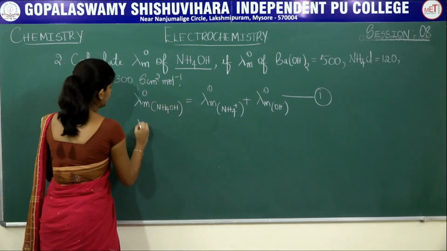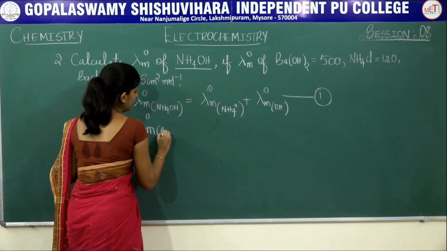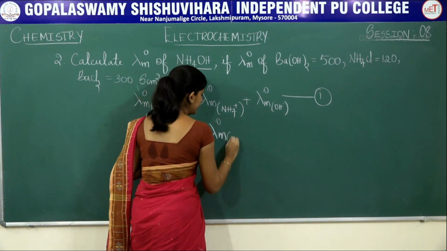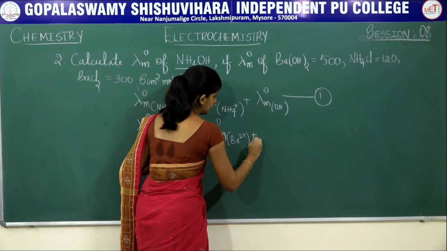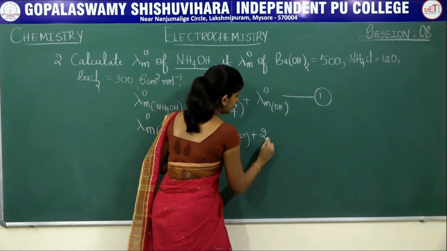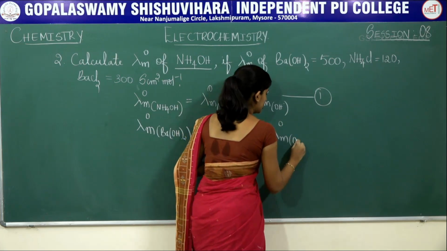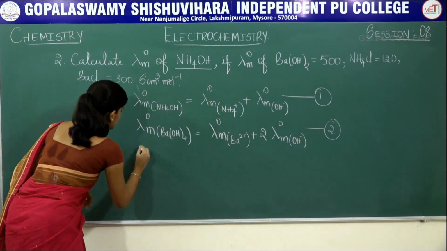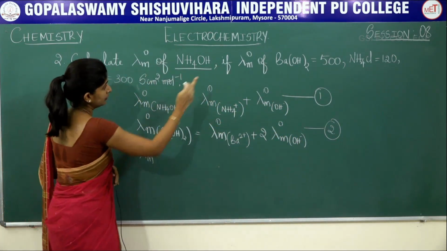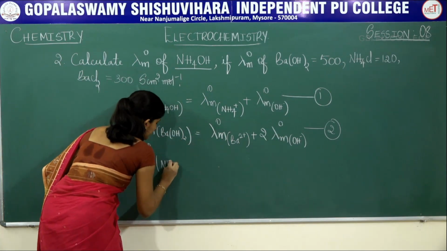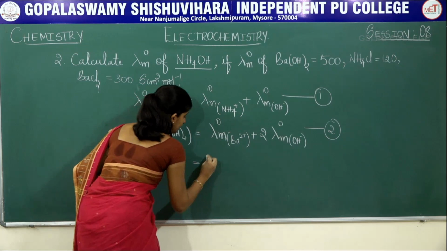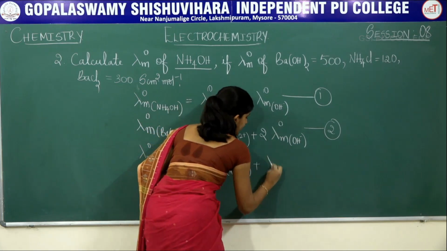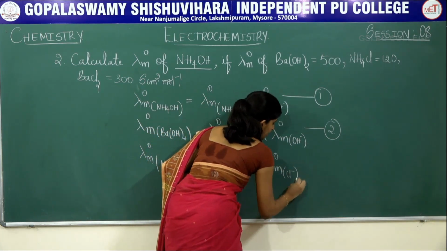The second equation is your barium hydroxide, lambda m naught of barium hydroxide, it is equal to lambda m naught of barium 2 plus, and 2 hydroxide ions are present, so 2 into lambda m naught of OH minus. This is equation 2. Lambda m naught of ammonium chloride NH4Cl is equal to lambda m naught of NH4 plus lambda m naught of Cl minus.